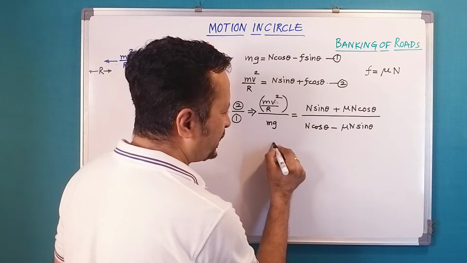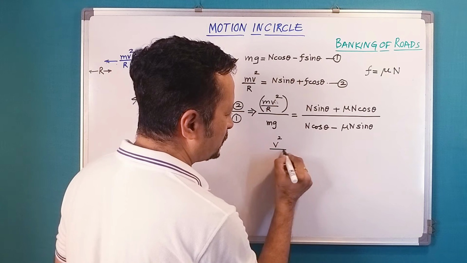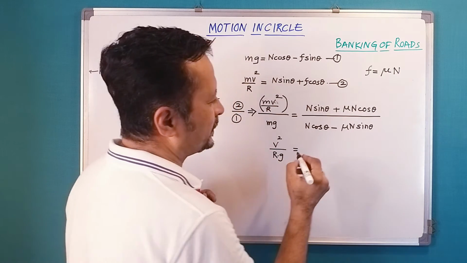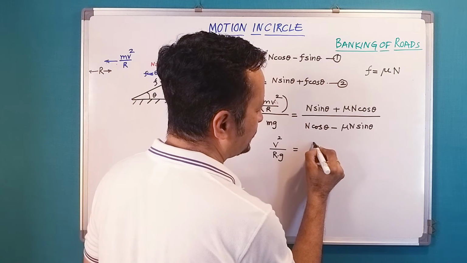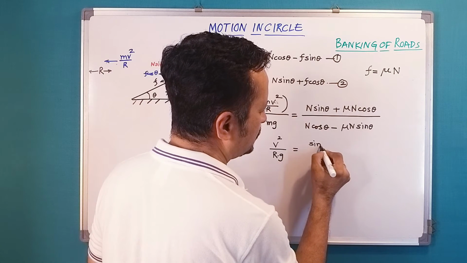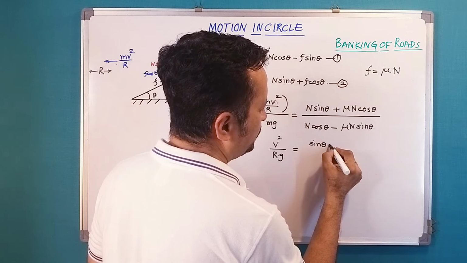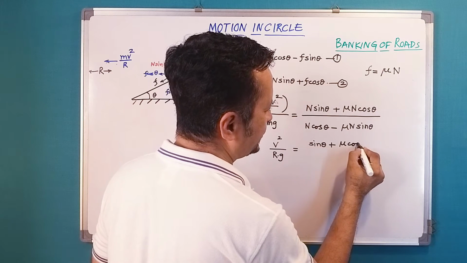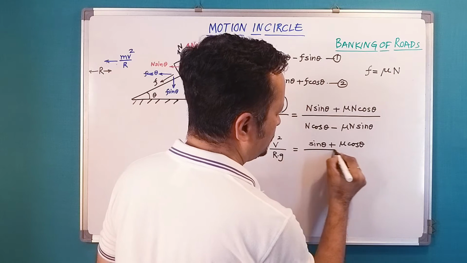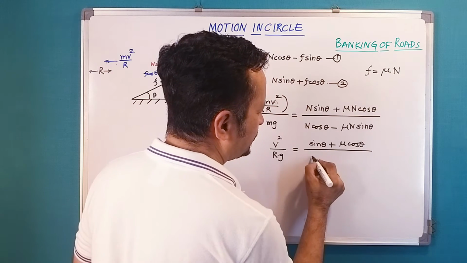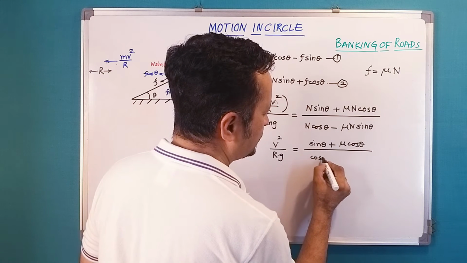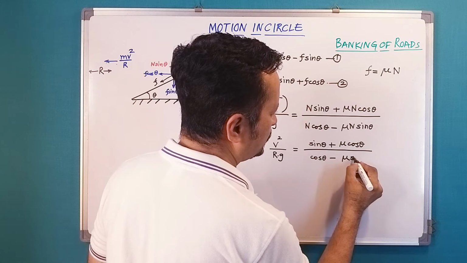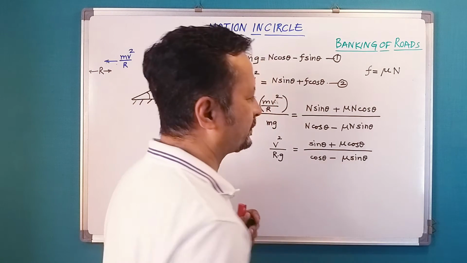So v square upon rg would be equal to sin theta plus mu cos theta upon cos theta minus mu sin theta.